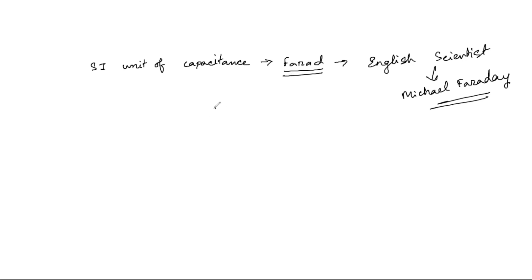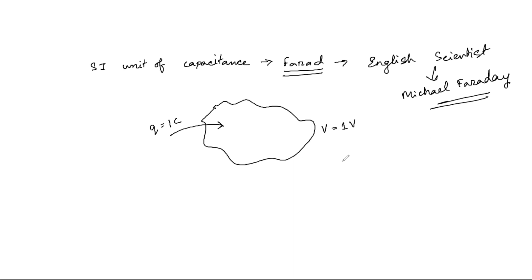Now, let's just consider that this is any conductor, and if I provide it a charge of 1 coulomb, what happens here? The electrical potential of this conductor rises by 1 volt.